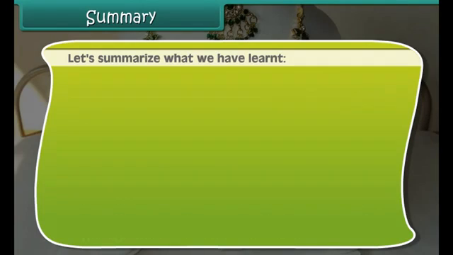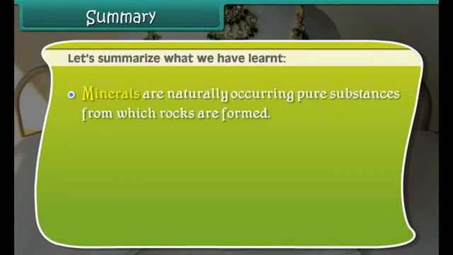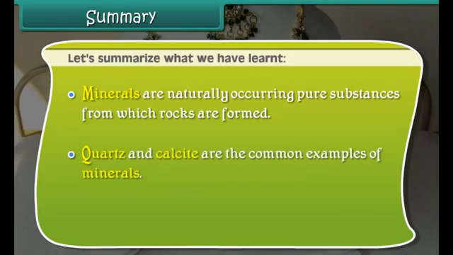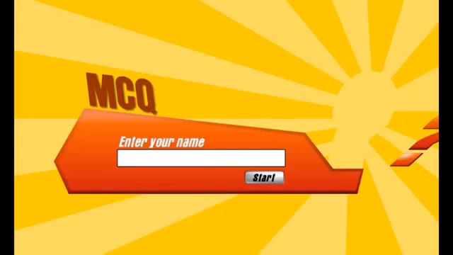Limestone and sandstone are the examples of sedimentary rocks, while slate and marble are the examples of metamorphic rocks. Minerals are naturally occurring pure substances from which rocks are formed. Quartz and calcite are the common examples of minerals. Rocks and minerals are widely used in our lives.